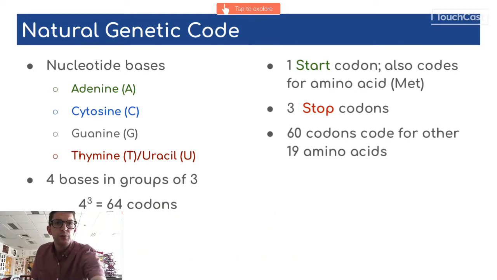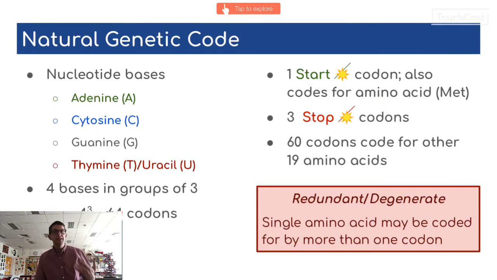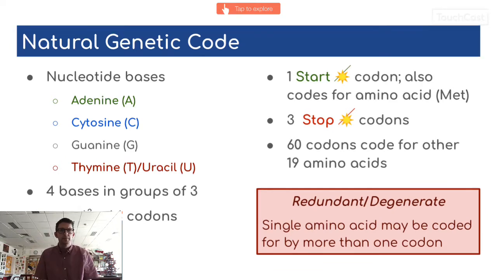Now, if there are only 20 amino acids, and we're including methionine, the one that's also a start codon, then there's some redundancy in this genetic code. Redundancy means that a single amino acid can be coded for by more than 1 codon.